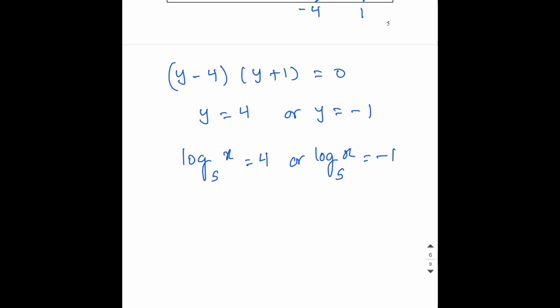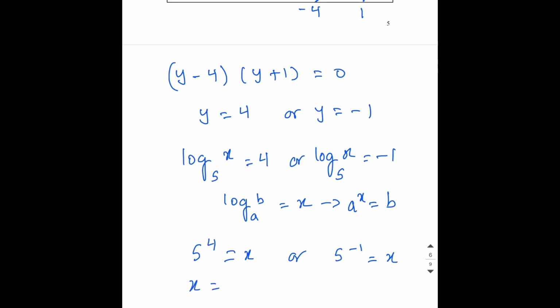If I were to convert it into exponential form, I hope you all know how to convert into exponential: log base a of b is equal to some x means a to the power of x is equal to b. The same thing, so I'm going to apply the same rule here. So 5 to the power of 4 equals x, or 5 to the power of -1 equals x.